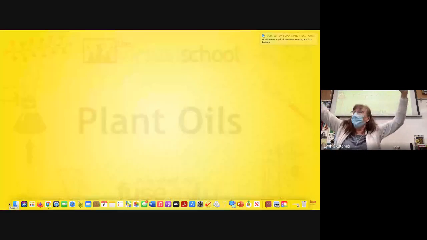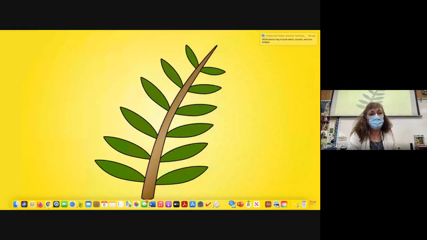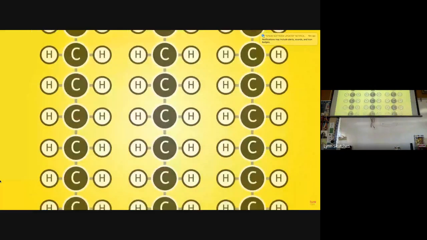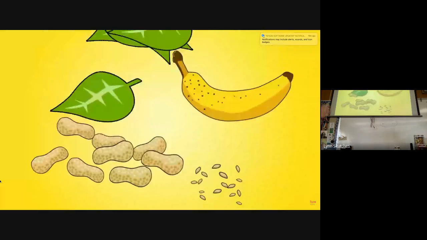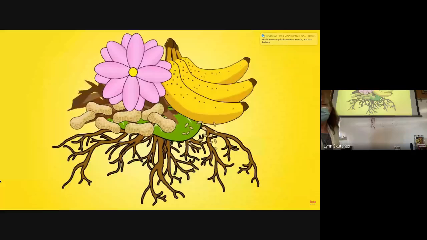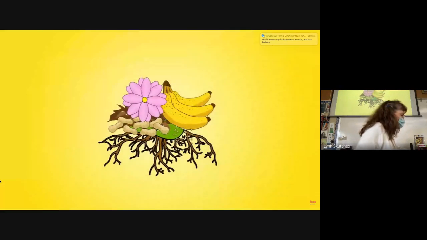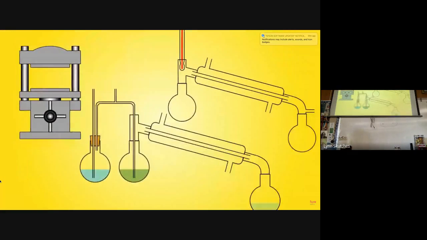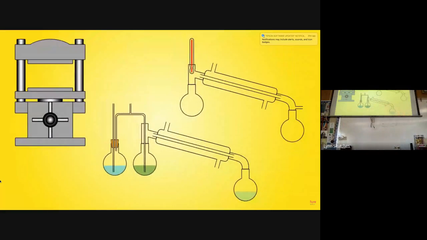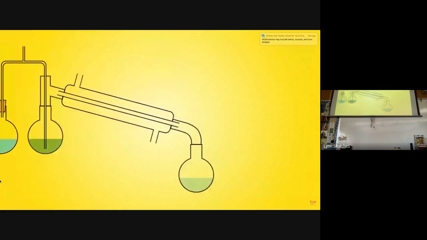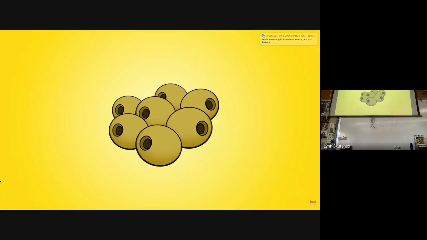In this lesson, we will learn about plant oils, where they come from, how to extract them, and their generic structure. These oils are found in all parts of a plant: seeds, nuts, fruit, leaves, flowers, bark, and even roots. However, these oils must be extracted before they can be consumed or used. There are a few key methods to extract plant oils: mechanical extraction, distillation, and steam distillation. Olive oil is obtained from olives by mechanical extraction.